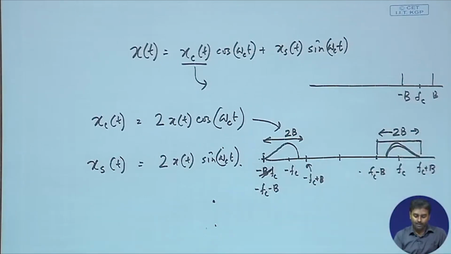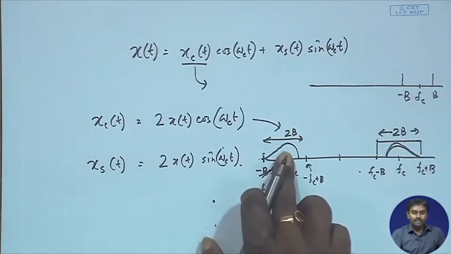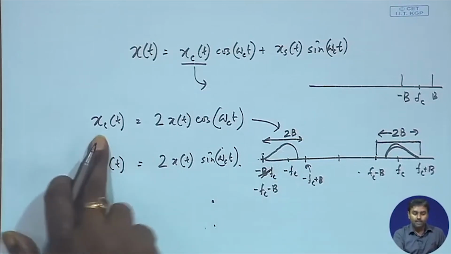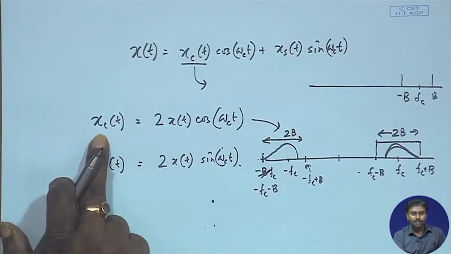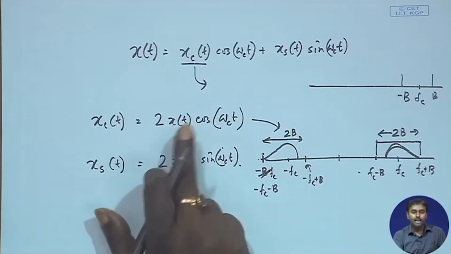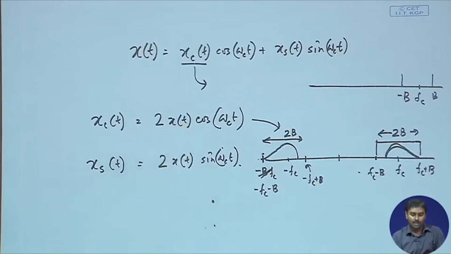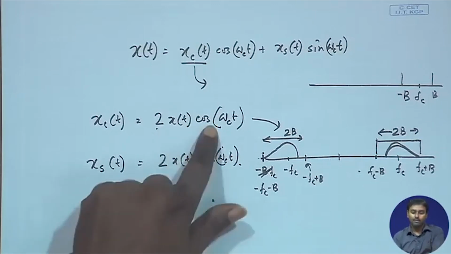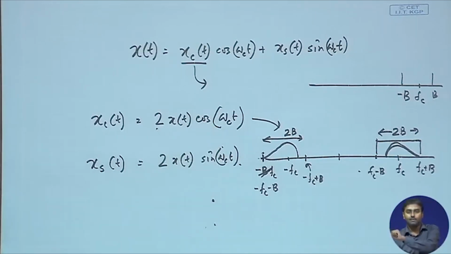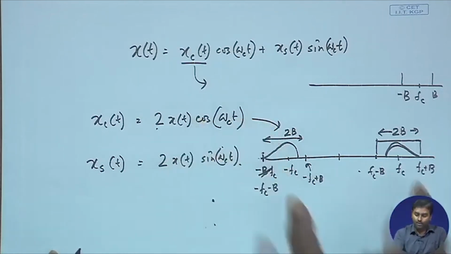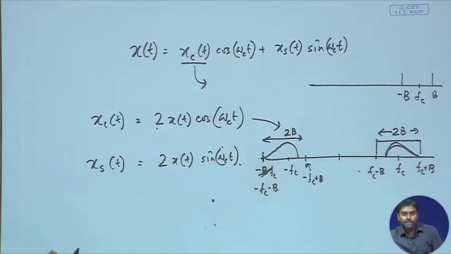Okay. So, now if this is x t, what is x c t, the in phase component? That is nothing but this x t multiplied by cos, and 2 is there because whenever I multiply by cos, in the spectrum there will be a half term. So, that will be cancelled out. So, whenever I multiply by cos, this whole thing will be shifted to plus f c and minus f c, right.